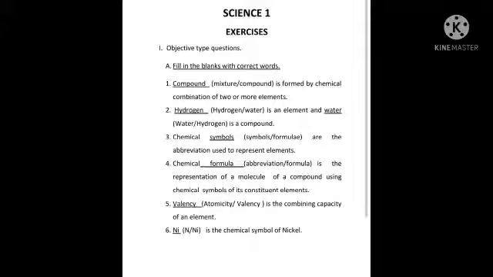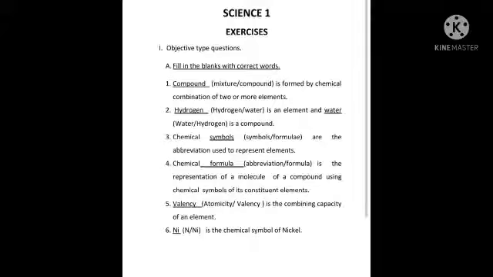So mixture means simply they have mixed. So it is compound. So the answer is compound, not mixture. Okay, so don't study by hearting. You want to understand and learn.